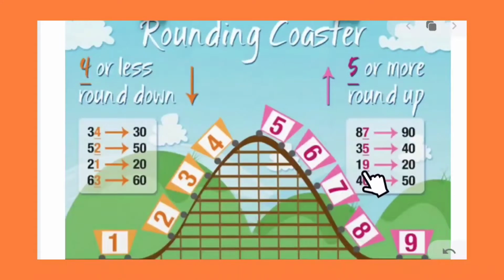Next 19, 9 ending. Tens place value 1, so 1 plus 1 is 2, and we get 20. Next 46, 6 ending. So 4 plus 1 is 5, and we get 50.